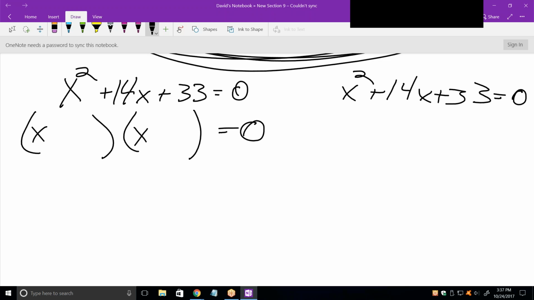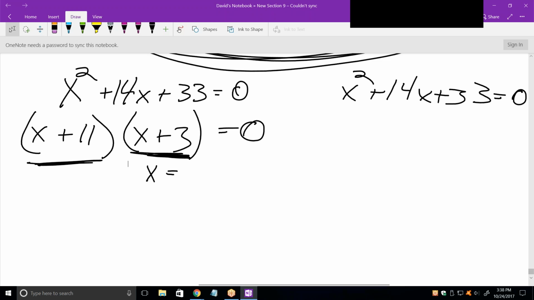So x plus 11 and x plus 3. Okay, that works. What's the answer here? X equals what? 0. No, that's equal to 0, and that's equal to 0. But x is not equal to 0. The fundamental rule of algebra is if you're multiplying two entities together and they're equal to 0, then one of those entities, by definition, has to be equal to 0.